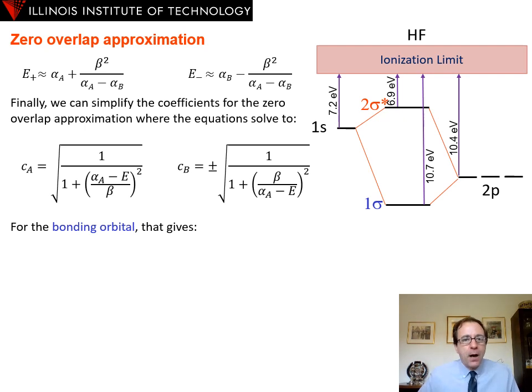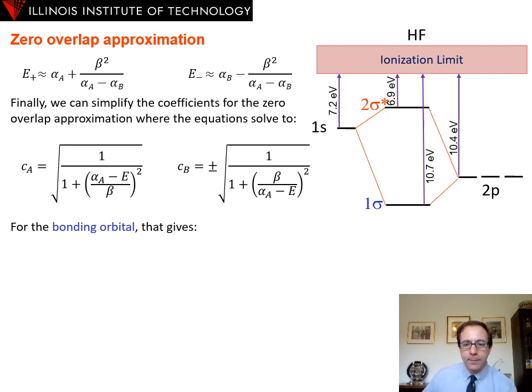Remember, all we need to calculate these values is the value for alpha sub A, which is the energy of the atomic orbital A, which in this case is the fluorine 2p orbital. Beta is minus 1 electron volt, and E is either the bonding orbital's energy or the anti-bonding orbital's energy, which we calculated on the previous page.